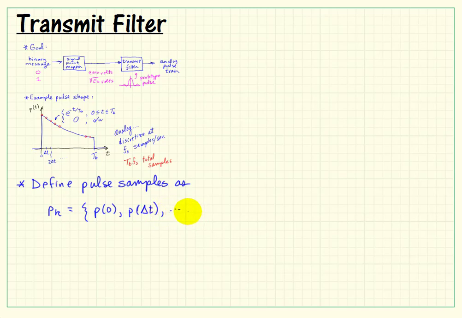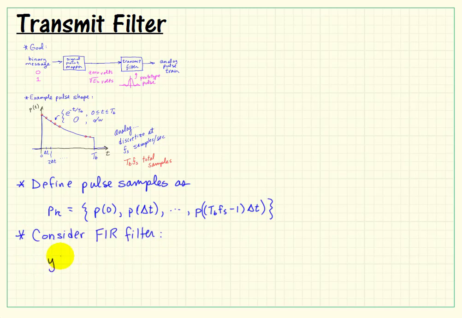So we keep evaluating it at integer multiples of delta t until our very last sample then would be t sub b times fs, our sampling frequency. And I'll omit 1 from that to account for the fact that we already had p of 0 at the beginning of the sequence. That also allows us to dovetail the pulse shape into the next bit interval.